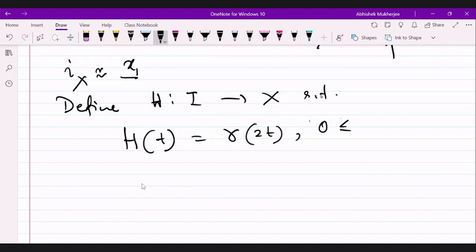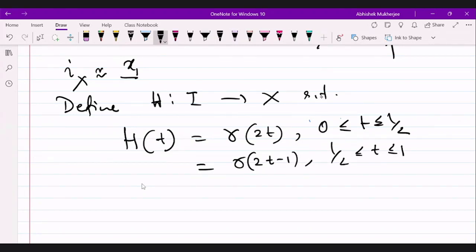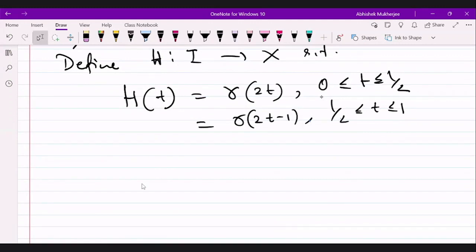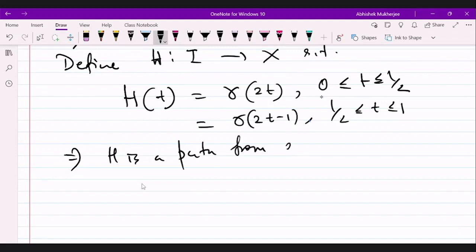That means we are dividing that closed interval into two equal parts, and on the second half it is sigma of 2t minus 1. So you are using the same technique whenever we want to use the pasting lemma for these kinds of situations. Okay. Then this h is a path from x0 to x2, right?